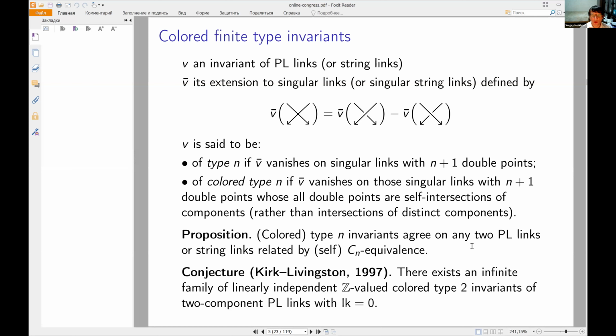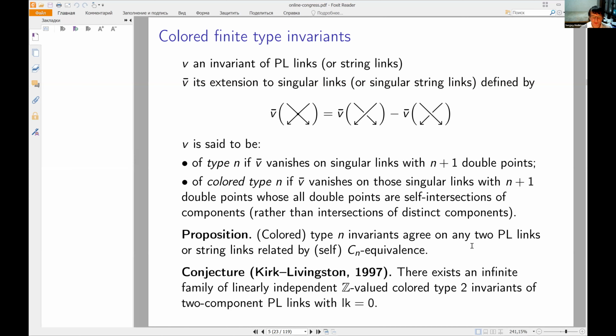So one reason why colored type invariants are interesting is that there are many more of them than usual type n invariants. And in fact, there is the following unsolved conjecture of Kirk and Livingston.